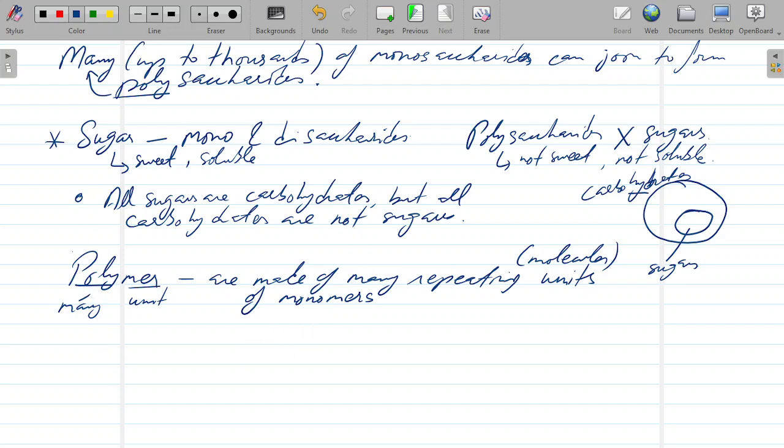Now, as far as carbohydrates are concerned, the polymers, the polysaccharides, are cellulose, starch, and glycogen.